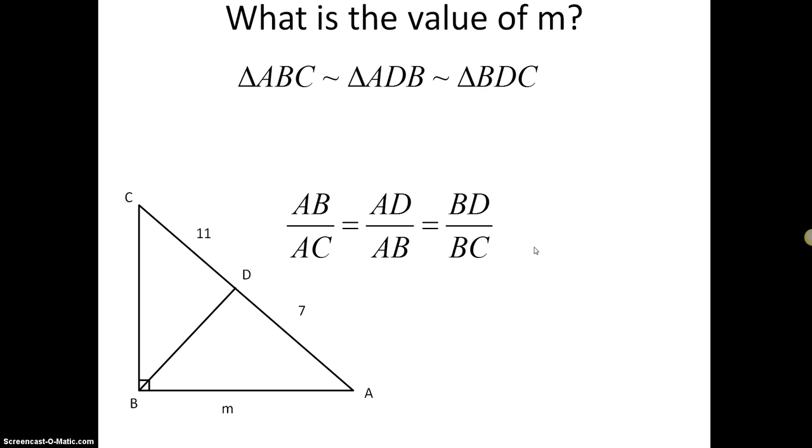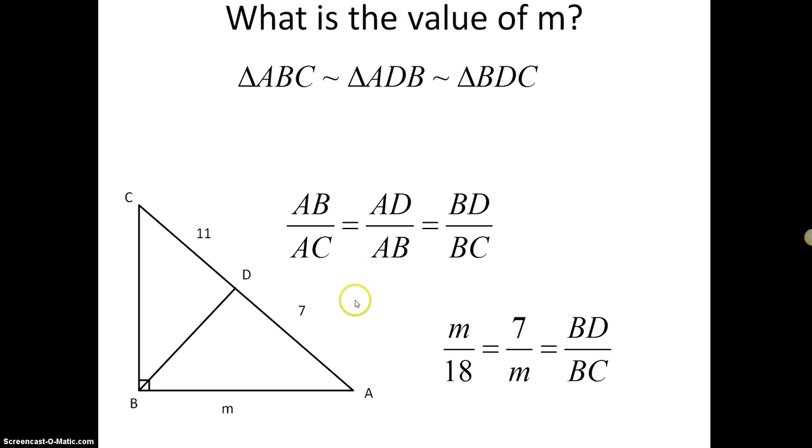Okay, so let's actually start plugging all this in. If I plug all this in, I have AB, I know is M. I have AC, which is 11 plus 7, which is 18. For the second ratio here, I have AD on top, AD is 7.